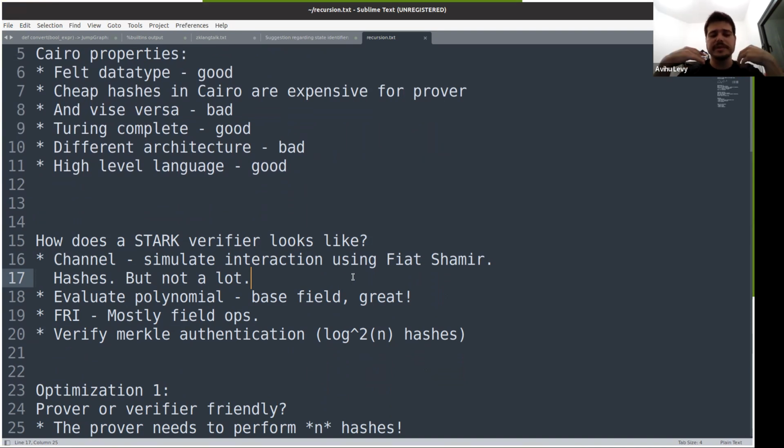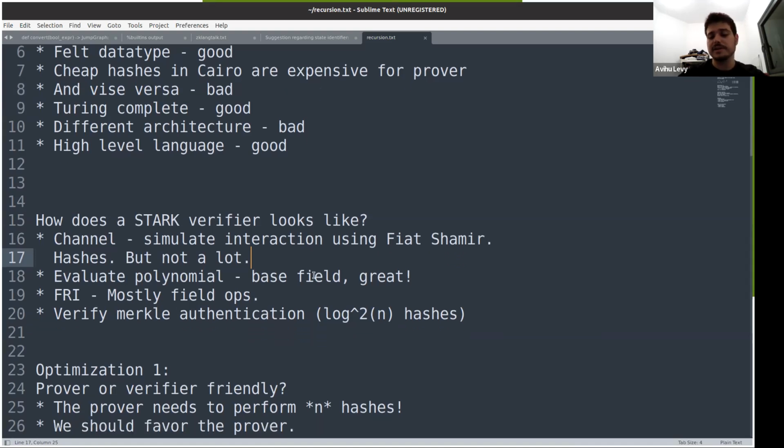When the prover sends something over the channel, we just hash it, and this gives us the random bits of the verifier. This channel has hashes, not a lot, so it doesn't really matter, but we use some combination of Blakes and Pedersens there for when it's easy to do one or the other.